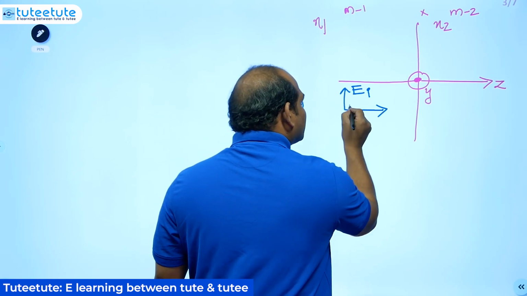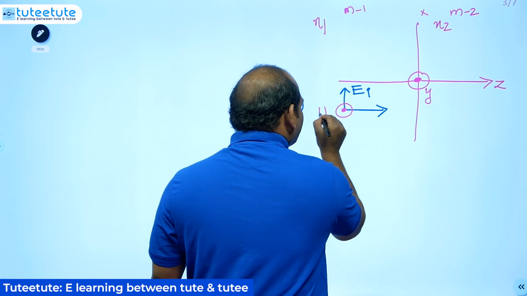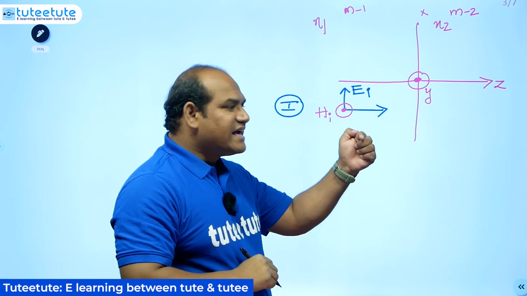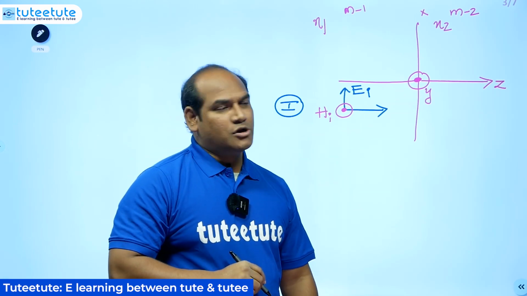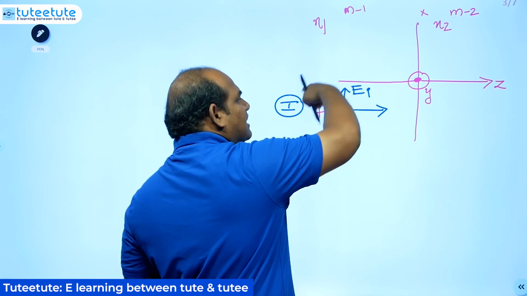That means how to take that one? We have to mention it like this. A dot circle represents that the magnetic field is oriented towards the y direction only. Here we have already indicated y is coming out of the screen, so we have to represent it like this. So this is the way of representing the incident wave.